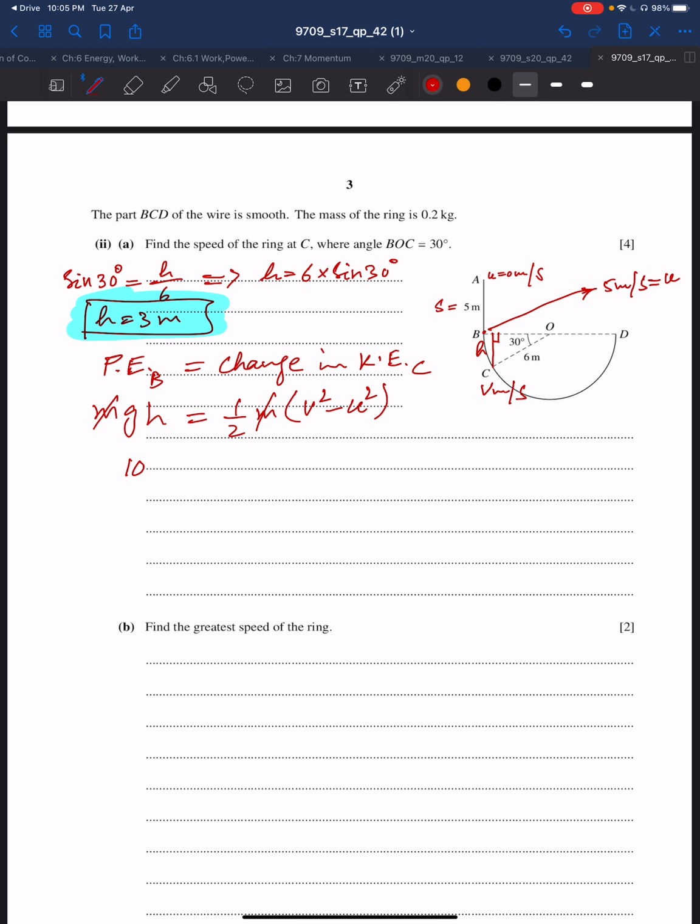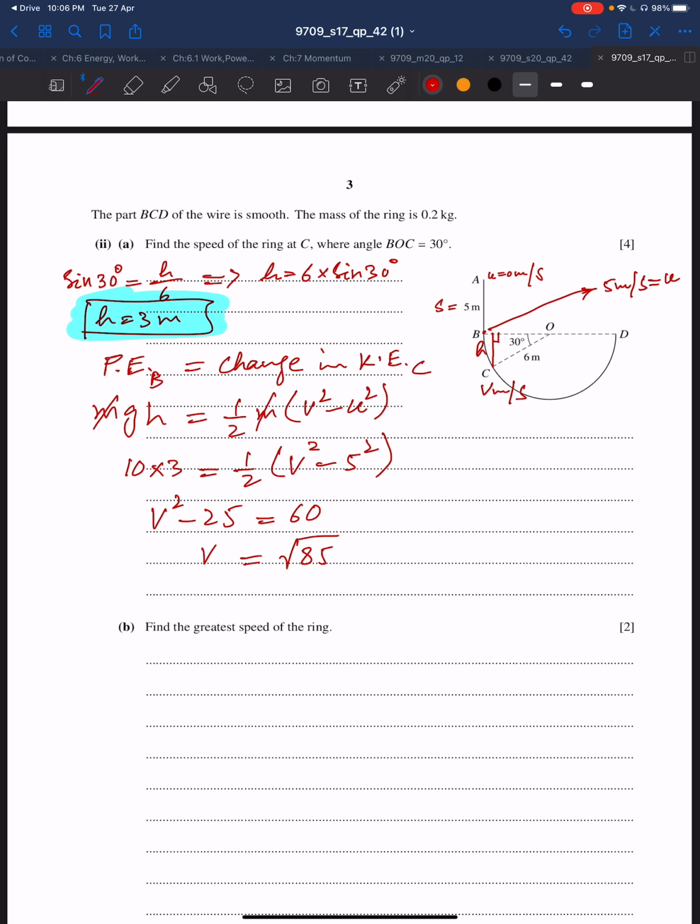Sorry, 10 into height 3 is equal to 1 by 2 into V square minus 5 square. Okay, so this will become 30 and 60, V square minus 25 is equal to 60. V is equal to square root of 85.